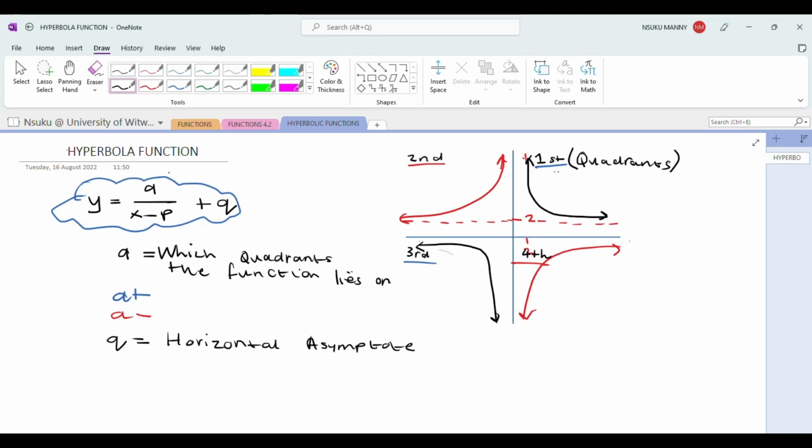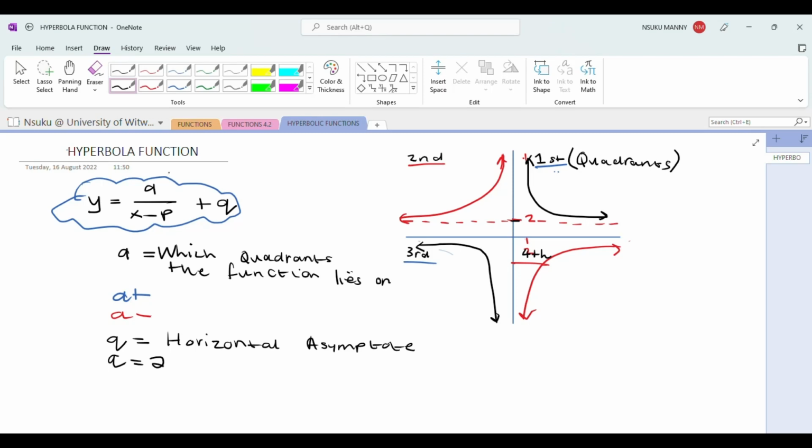So hypothetically, let's say the value of our Q is 2. What we're going to do is draw a horizontal line on that point 2, like this one here. However we draw a function, we should make sure that our graph never touches that line. That's what a horizontal asymptote is: a place where the graph is basically undefined, and it should not touch that line.